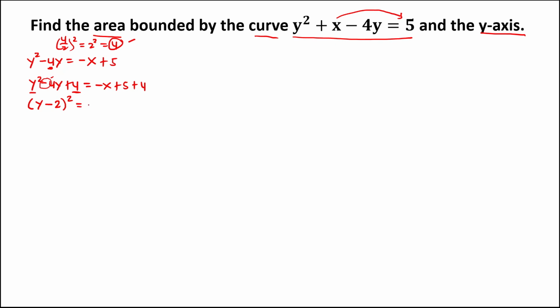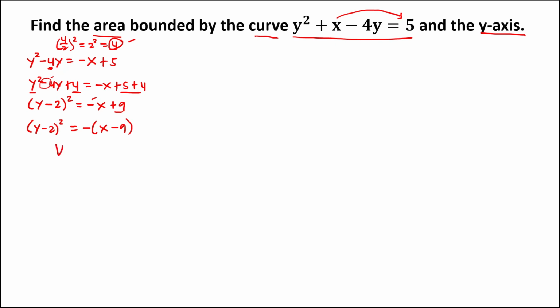Then equals negative x plus 9. Then we have y minus 2 quantity squared equals, put this negative outside, so this negative x becomes positive x, and this positive 9 becomes negative 9.